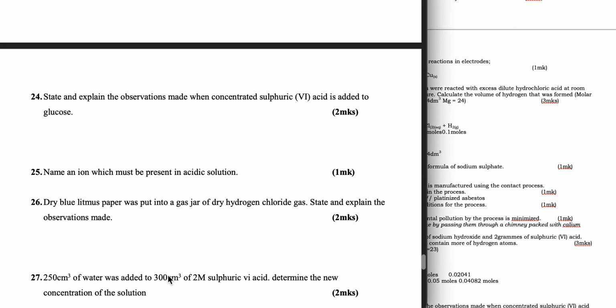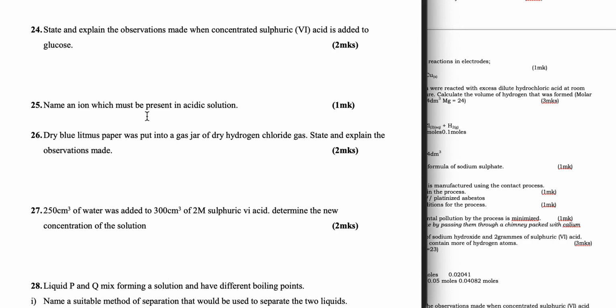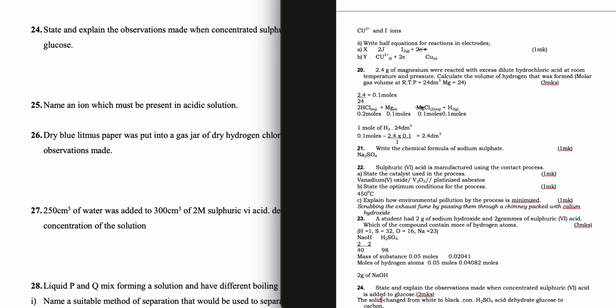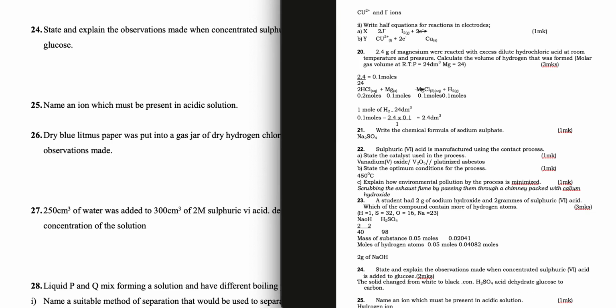Question 24. State and explain observations made when concentrated sulfuric acid is added to glucose. The solid changed from white to black.